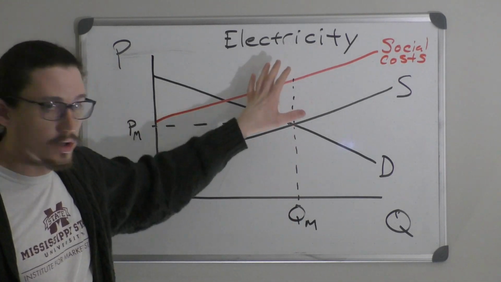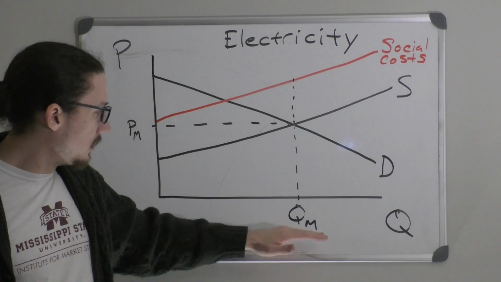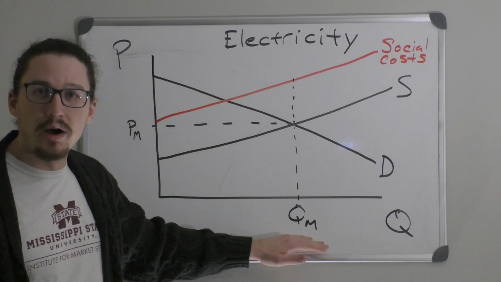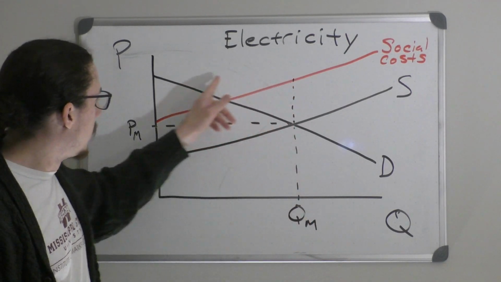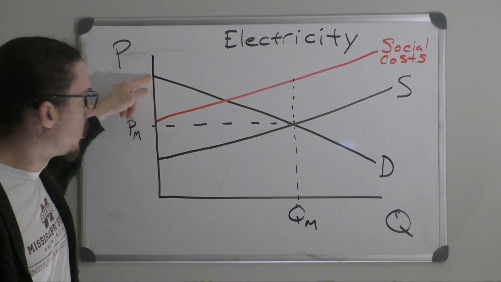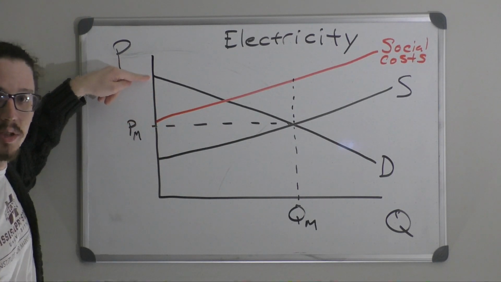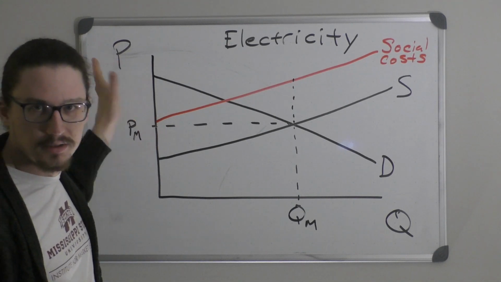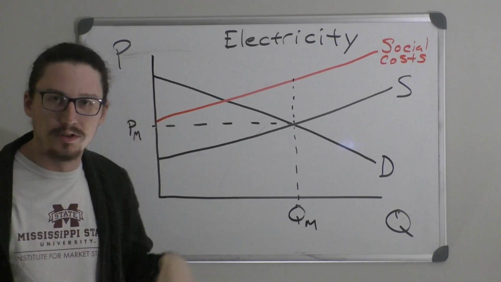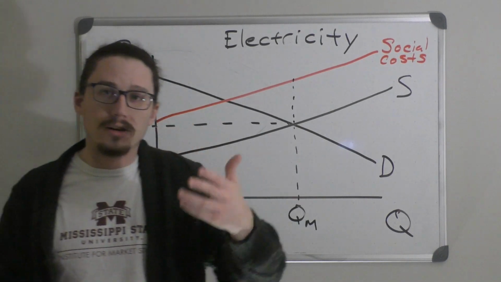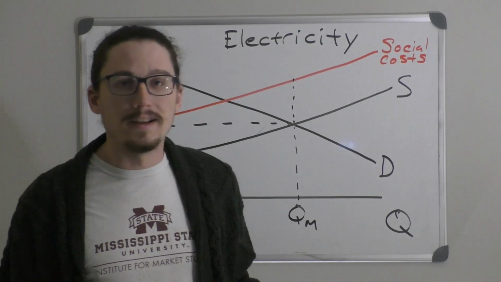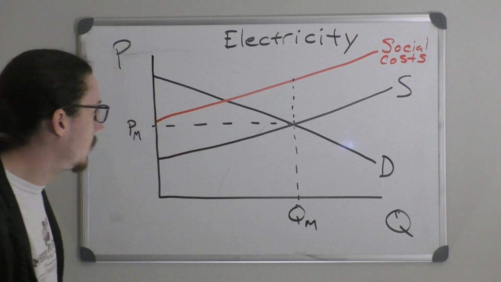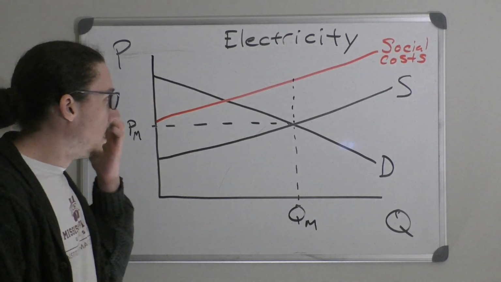So we've got it way down here, but if we were to take those social costs and the original quantity we were consuming, I'm not going to write it up here because we need to write some other things, but it comes up here. That's a good bit higher, and of course this is drawn, so the scale doesn't really matter, but it will be higher, is the point. The cost is higher than what we're currently setting it at.